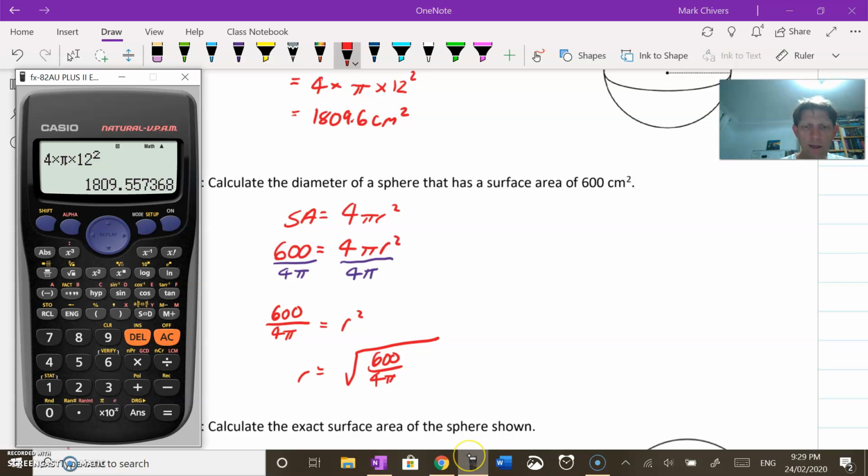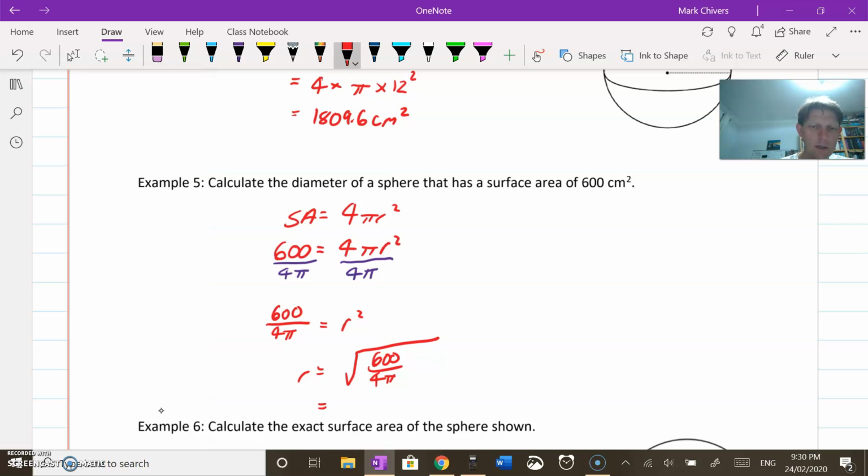And we can bang that into our calculator. So we need to do the square root sign first, and then put a fraction under the square root. So 600 up the top, and down below we'll have 4 times by pi. And that's going to give me, we'll go with 6.9 in this particular case, centimeters.